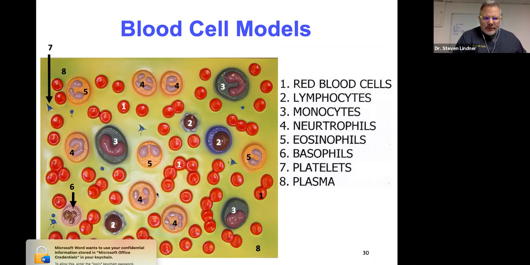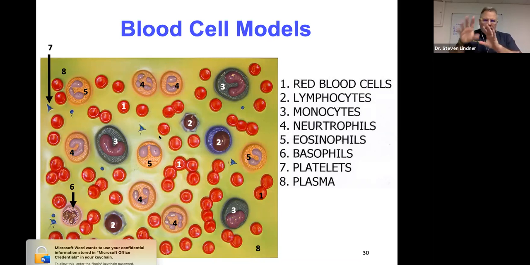Where's our number 6? Here it has the dark blue staining. It's granular. The dark blue staining granules, those are your basophils. Number 7, these are platelets. These little star-like things in the plasma, those are platelets. And number 8, the extracellular matrix, all the liquid and fluid around all of these cells is called plasma.